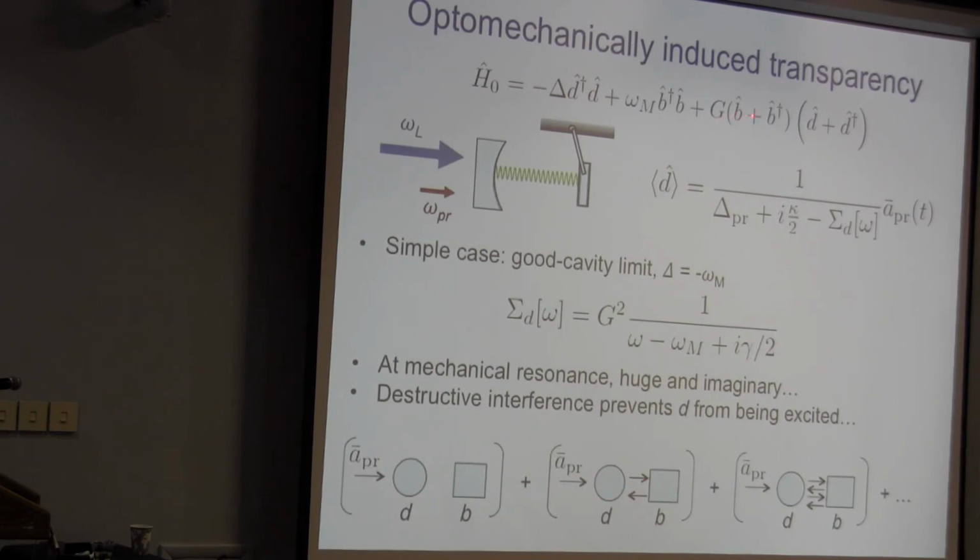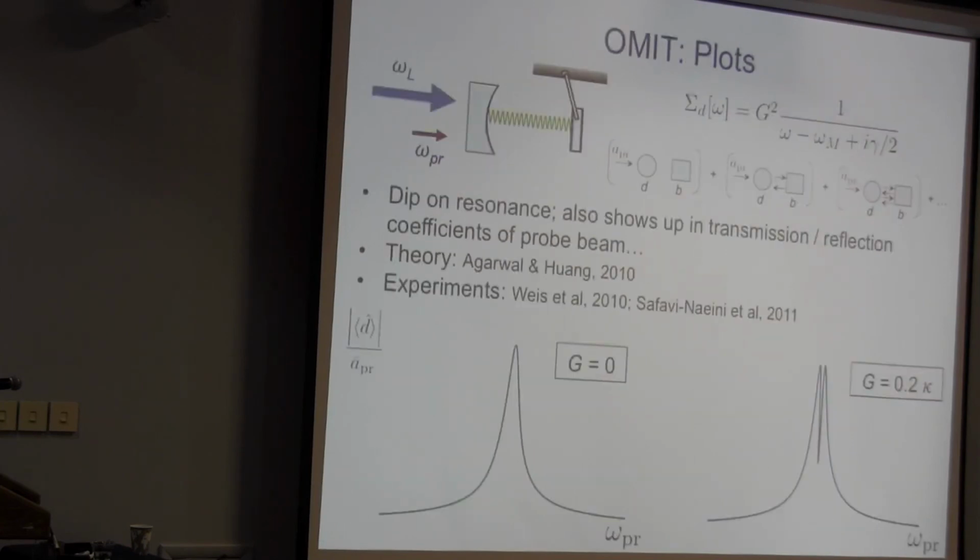This interaction will take a photon, put it into the mechanics. So the photon could go into the mechanics, come back. That's another way to get a photon in there. Or, we could have that bounce process happen twice, et cetera. It's the interference between all those processes that really gives rise to this modification here.